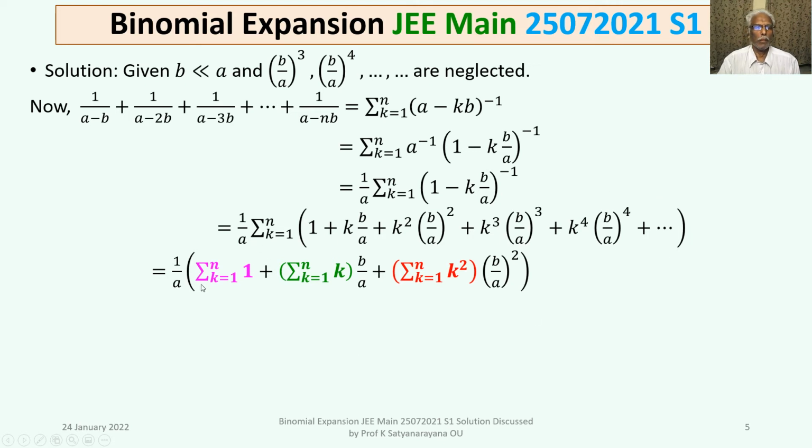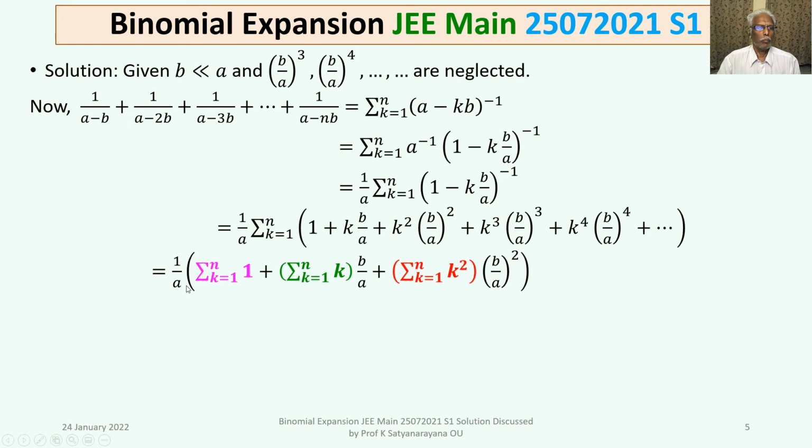We get 1 by a into sigma k equals 1 to n of 1, that is 1 added n times, plus sigma k equals 1 to n of k, that is the sum of the first n terms, into b by a, plus sigma k equals 1 to n of k square, that is 1 square plus 2 square plus 3 square up to n square, into b by a whole square.